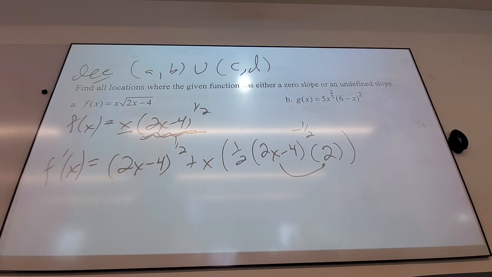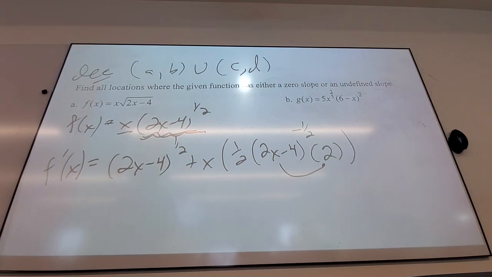Now, what do I want to do with the derivative? What's it tell me to do? Find out where it's 0 or undefined. Yes? Okay. Can you all see where it's undefined? What's the only part of that equation that would end up on the bottom? 2x minus 4, yes.